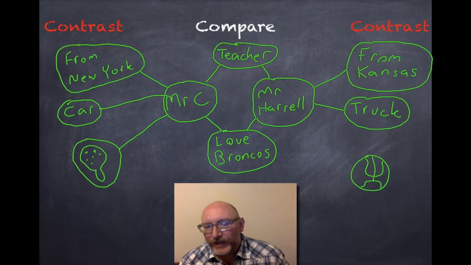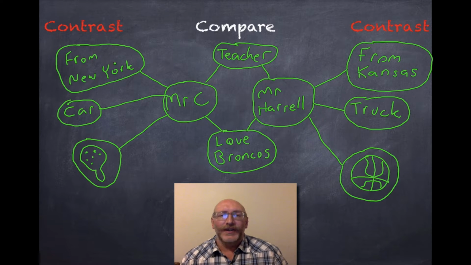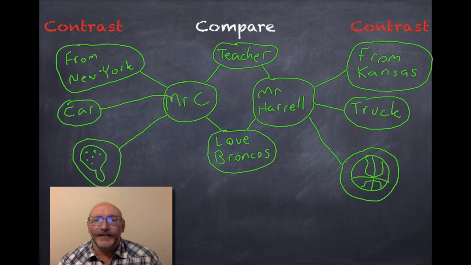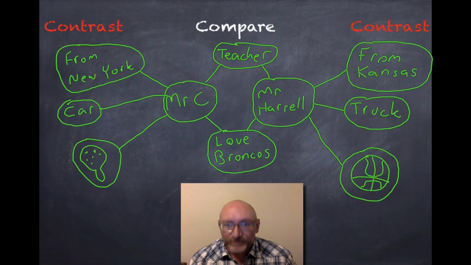This is just to remind you that it's okay to draw pictures, especially if they're really long words, when you're doing thinking maps. I connect that to me. So you see how the things that are different between Mr. C and I are on the sides, and the things that are the same that we compare with Mr. C and I are in the middle.